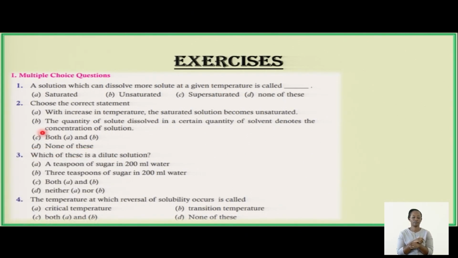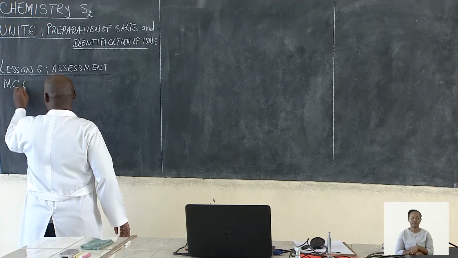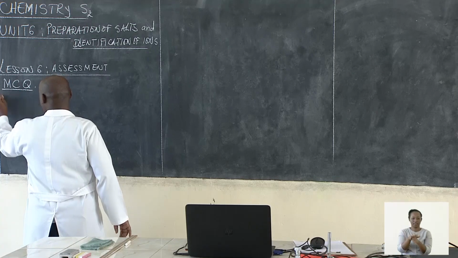Question number 1: a solution which can dissolve more solute at a given temperature is called, I repeat, a solution which can dissolve more solute at a given temperature is called: A, saturated; B, unsaturated; C, supersaturated; and D, none of these. What is the right answer?